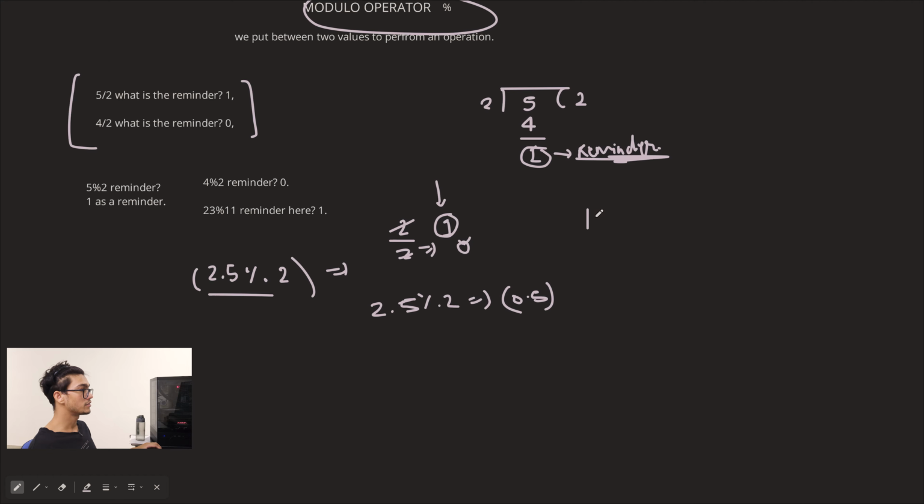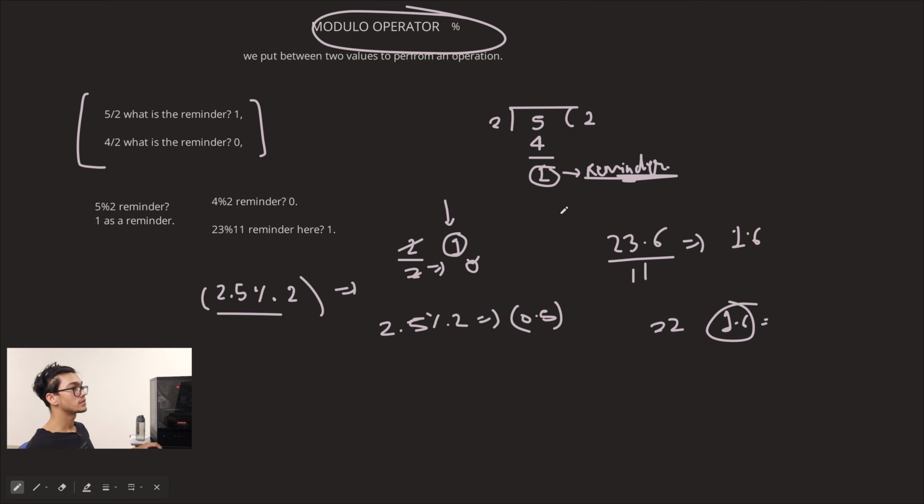In this case, if I'm saying 23.6 divided by 11, what you will get as a remainder is 1.6, because when you divide this you get 22, so you will get 1.6 as a remainder, right? And this is what the modulo operator does, it just gives you the remainder of these divisions.